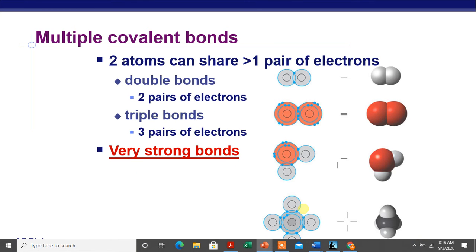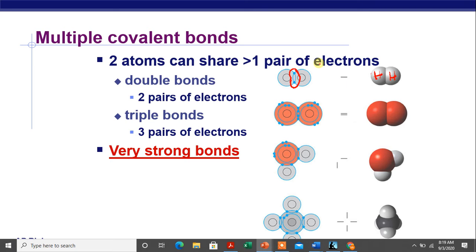Just like we had seen before, it's also possible to have multiple covalent bonds, so double or triple bonds. Two atoms can share more than one pair of electrons. For example, here in the picture on the top, this is what's called a single bond, one pair being shared. Let's pretend that this is molecular hydrogen, two hydrogen atoms sharing electrons.